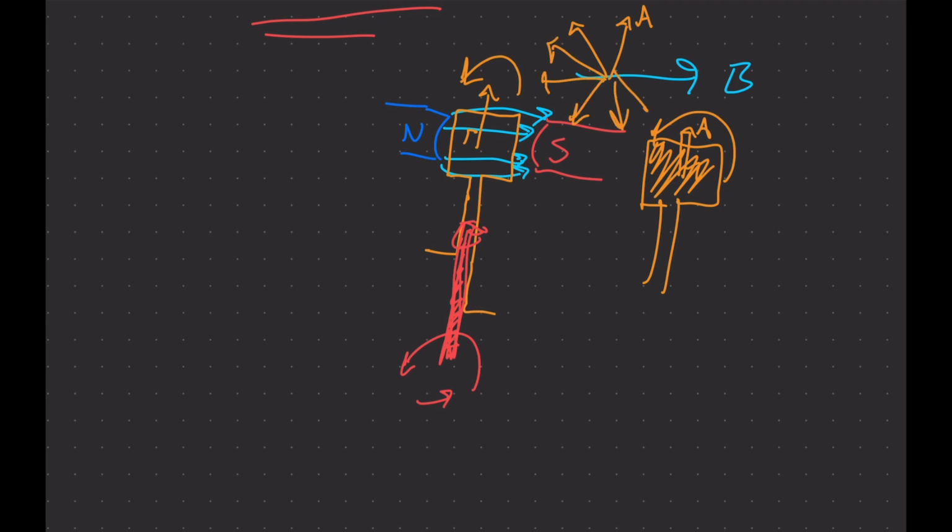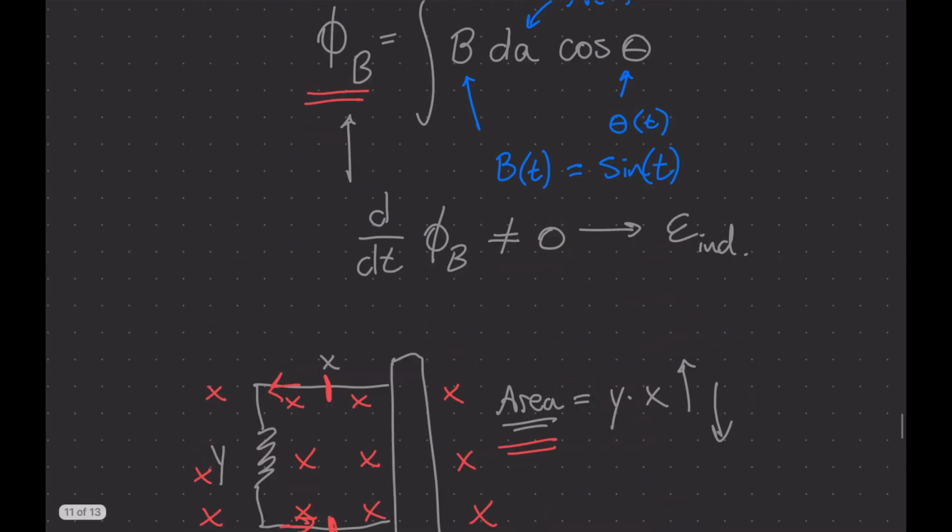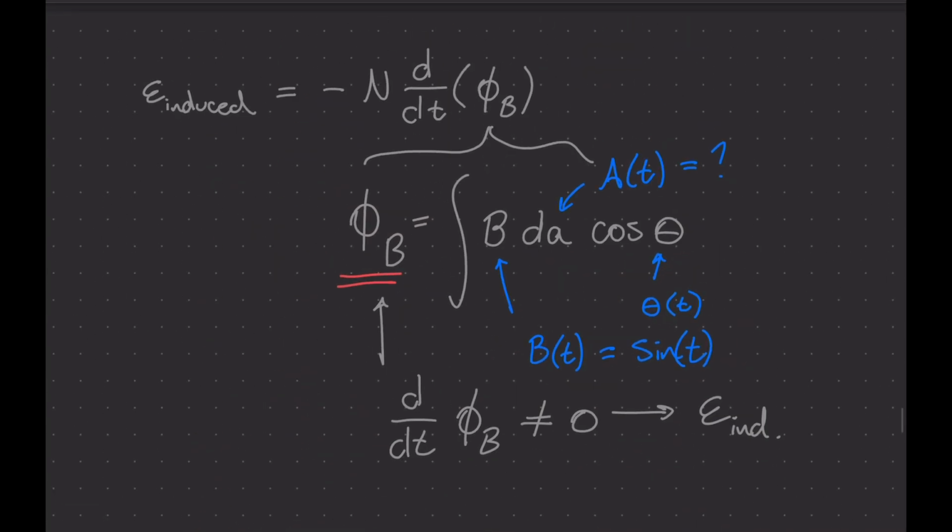For each of those, the angle theta is increasing, and then it reaches a maximum, and the angle changes. So basically, you can have magnetic flux, which is the integral of B dA cosine theta, or B dot dA.